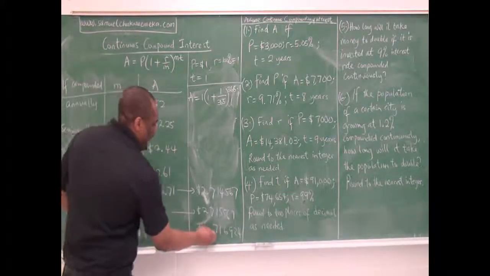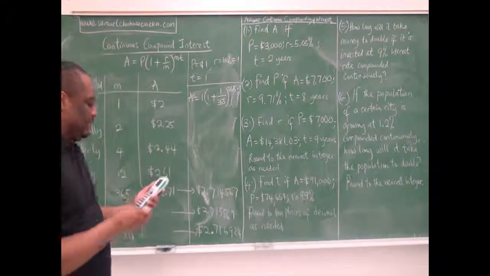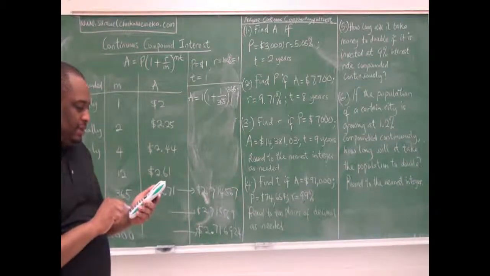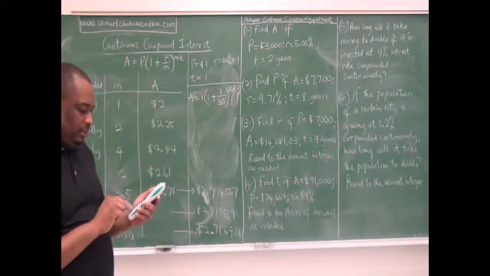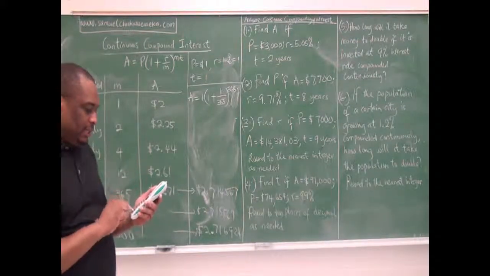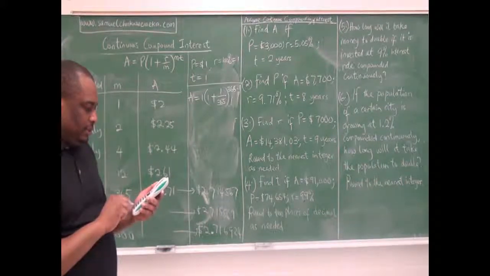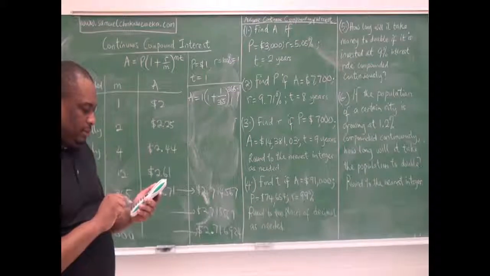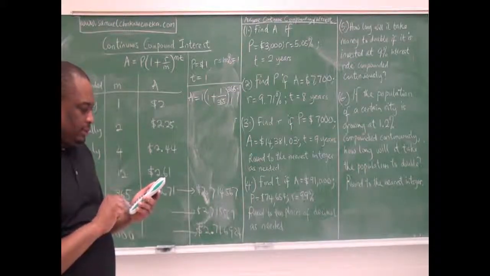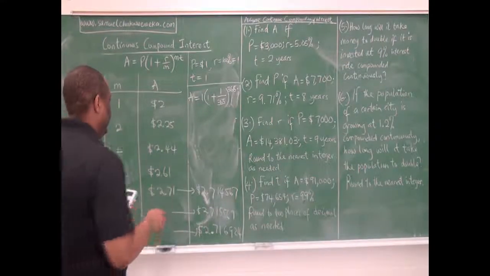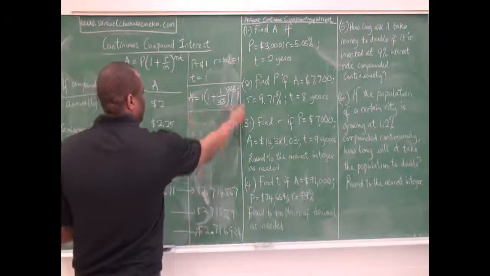Now, as you keep doing it, if you compound it 10,000 times, it will be 1 divided by 10,000, then plus 1, then raised to the power 10,000. That gives 2.718.